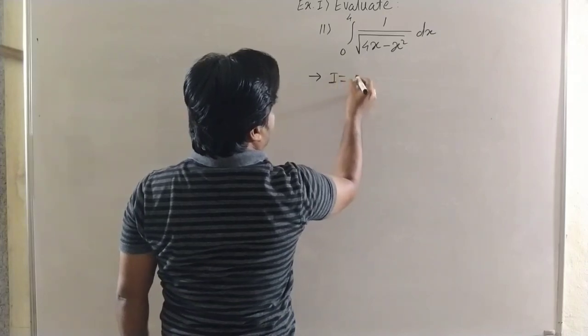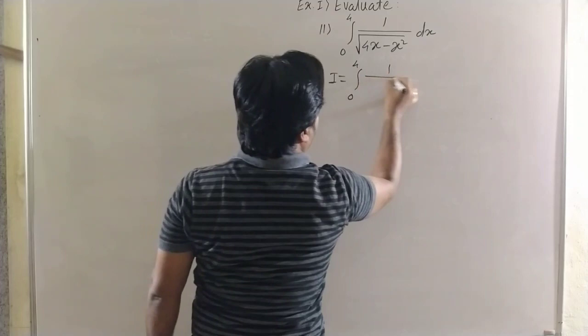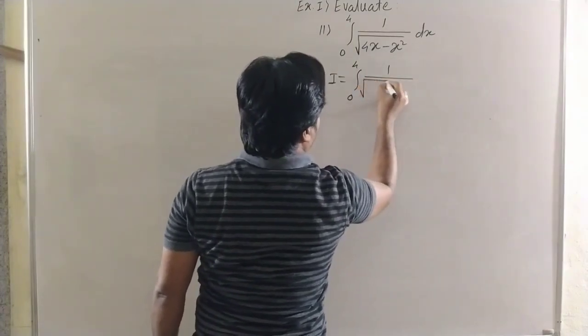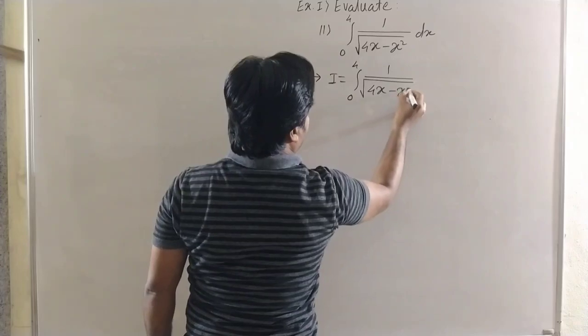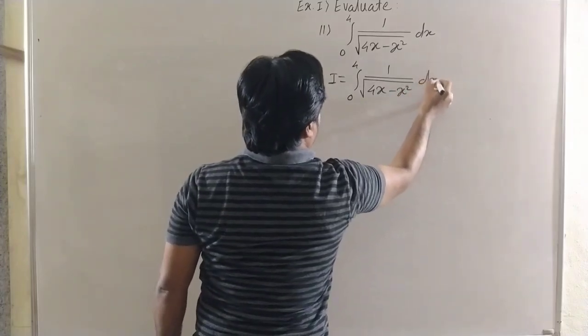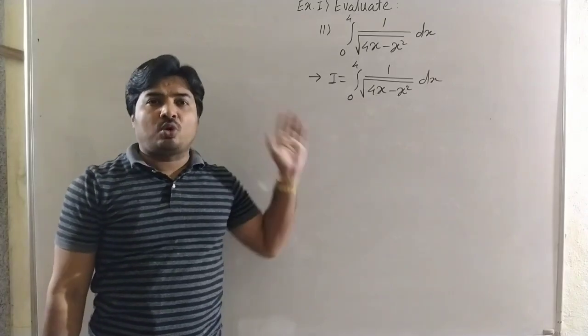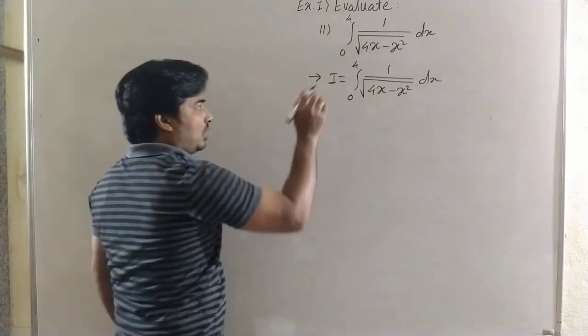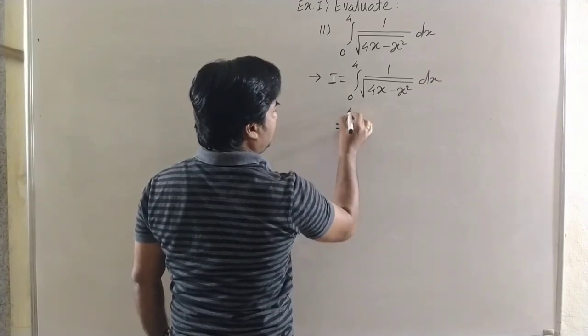This integral is of the type 1 upon under root of a quadratic function. Again, the same procedure: completing the square method.